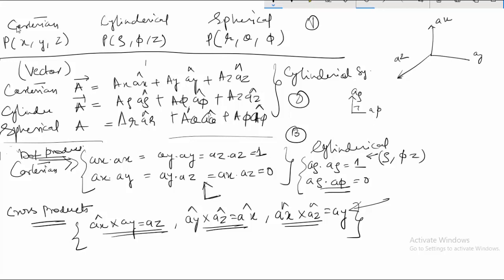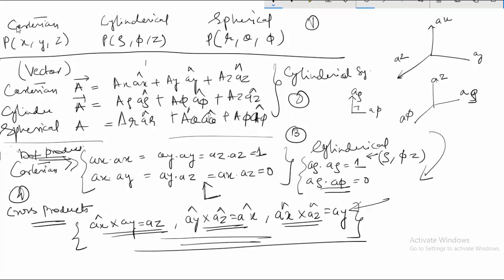In a similar way, for cylindrical, a rho, a phi and az will always be at 90 degrees. So all these coordinate systems also will follow the same way for the cross products. So this was the third thing, and this was the fourth thing which we saw, how to write the cross products of all the three.